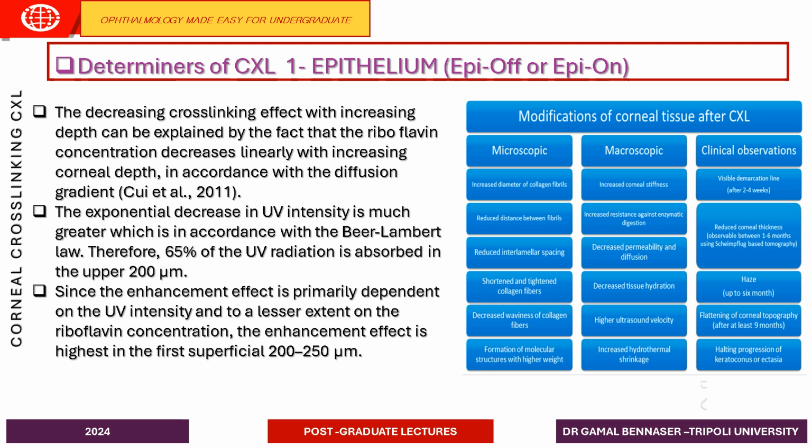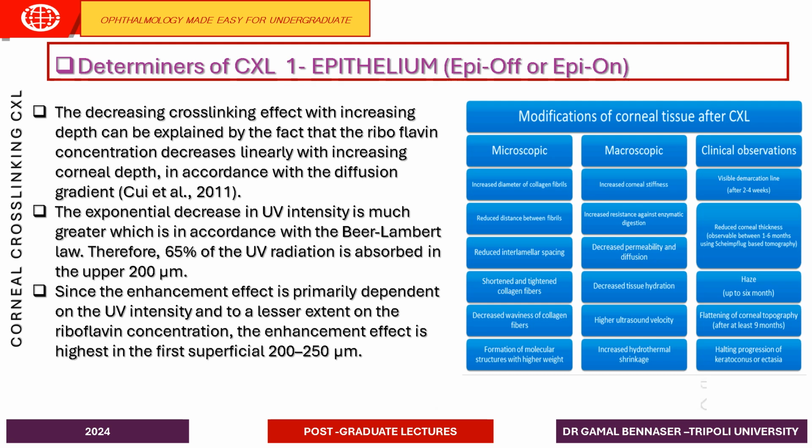That's why now, when we do an epithelial off technique, we increase the exposure to the ultraviolet, and we increase the absorption of riboflavin into the stroma, so that we aim to enhance the effect created by ultraviolet exposure to as much as 350 to 400 micrometers of the corneal thickness, so that we can reach the deeper layers of the stroma. Because in the traditional epithelial on technique we can reach only up to 200 or maximum 250 microns, and this represents the anterior part and up to the middle part of the stroma.